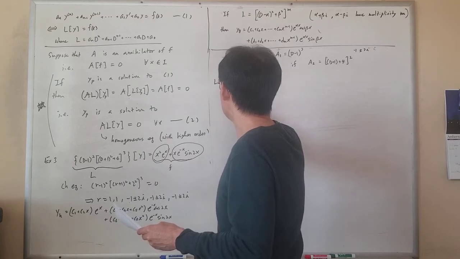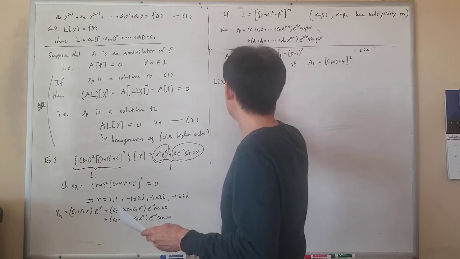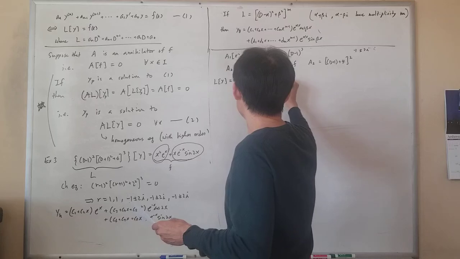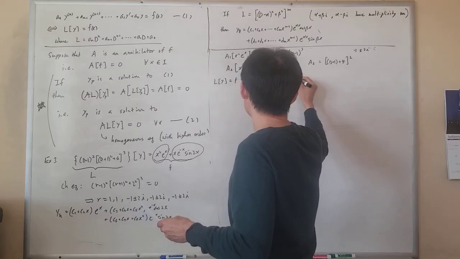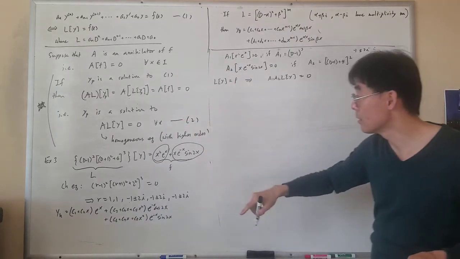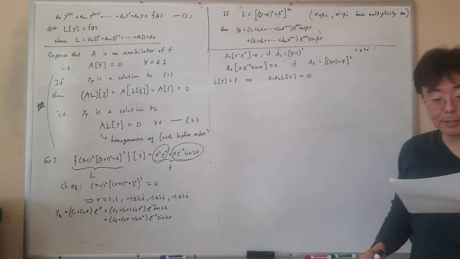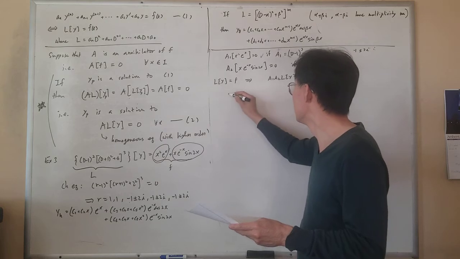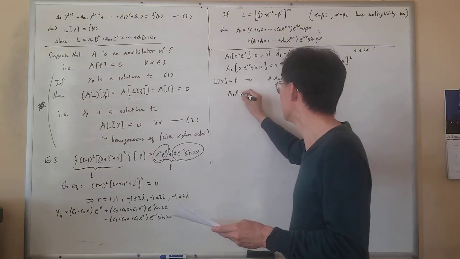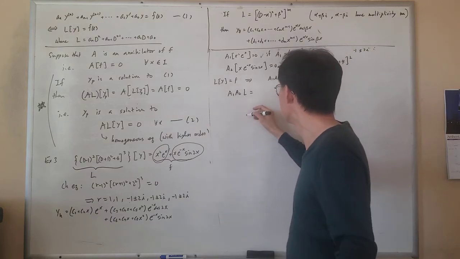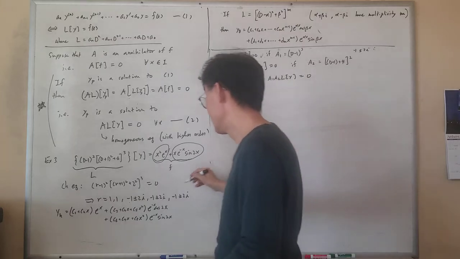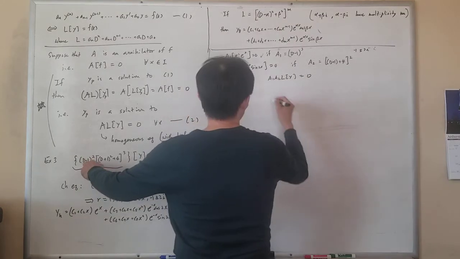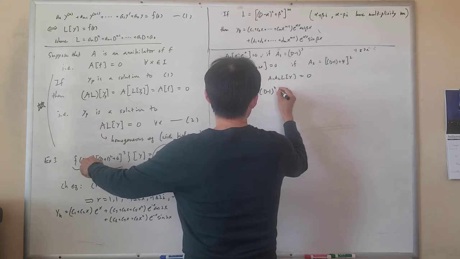Then L of y equals f means a1, a2, L of y equals 0, right? This is the thing we have been doing here, all right? So what is a1, a2, and L? Look at this. L, you have (D minus 1) squared already.